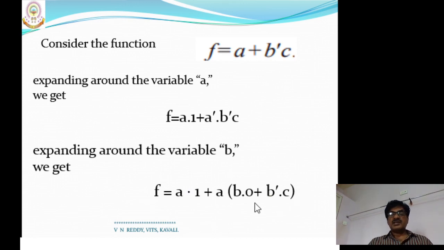The expansion has to be maintained up to the single variable existence. Both a and b are in expanded form, only c is available in non-expanded form. Up to that level you have to do.